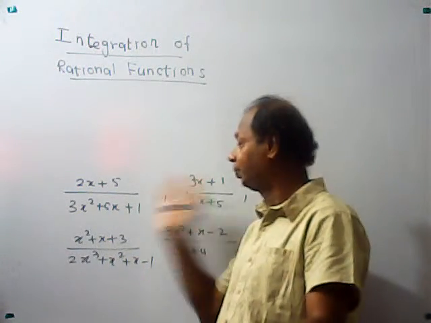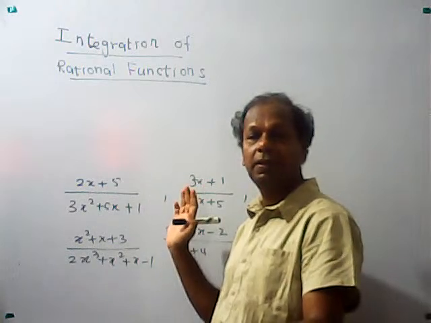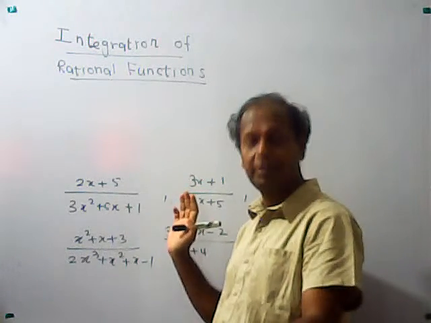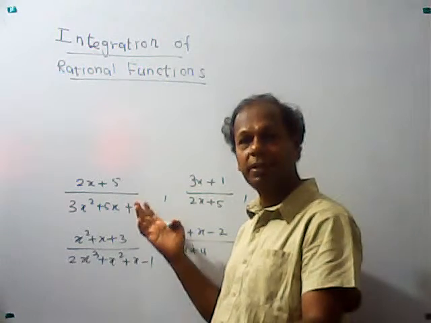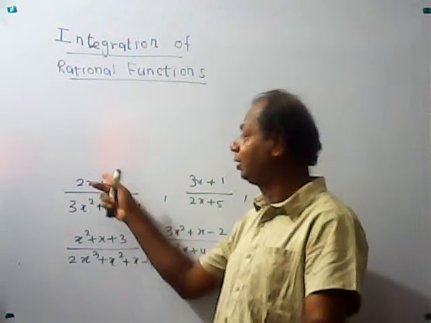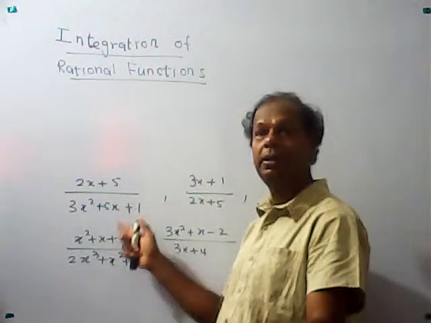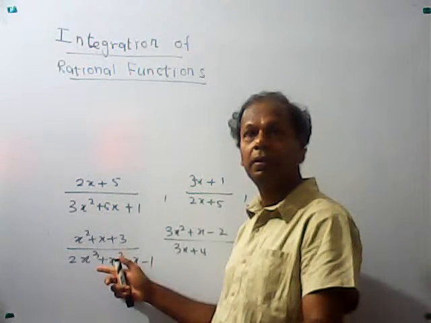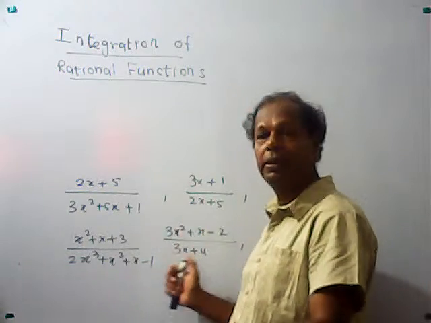So these rational functions fall in a vast range, right? Very different types of rational functions you can see: a linear over a quadratic, linear over linear, a linear over cubic, a quadratic over a linear.